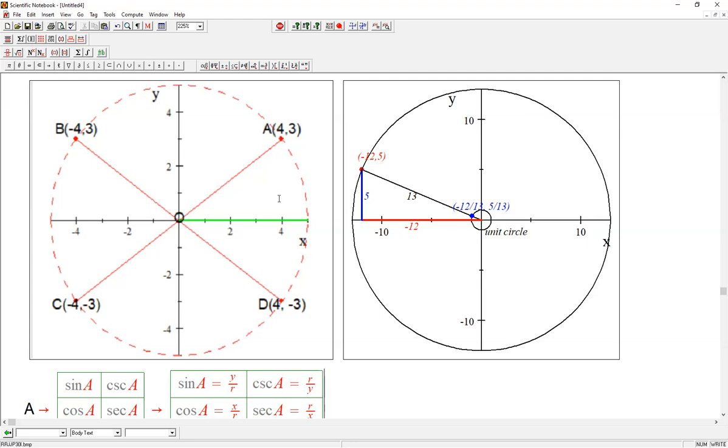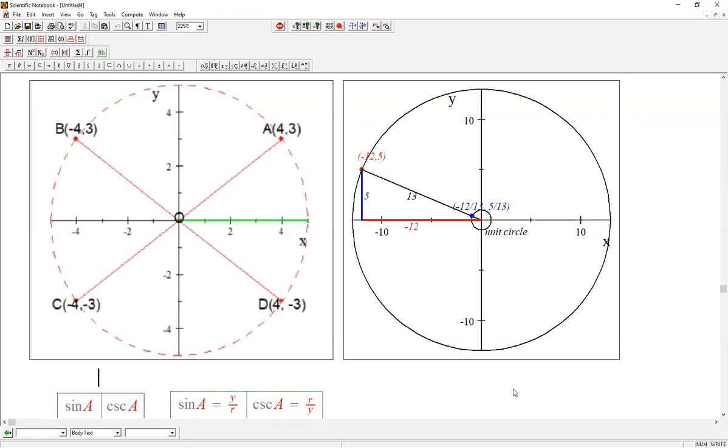Now, the crossing, okay? This point, -12/13, 5/13, is on the unit circle, because if x equals -12/13, y is 5/13, x squared plus y squared would be equal to 1.